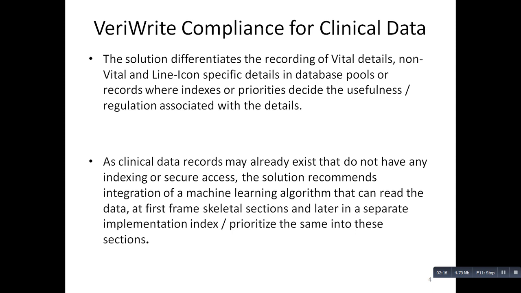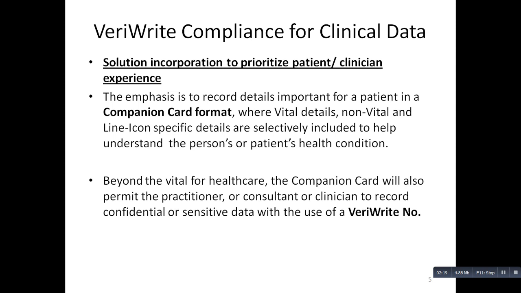How do we incorporate the solution? We would like to record details via a new companion card format, and the format talks about vital details, non-vital details, and line icon specific details, all of which help understand the person's or the patient's health condition. Beyond the vital for healthcare, the companion card also permits the practitioner or consultant to record what we call confidential or sensitive data with the use of a new VeriWrite number.